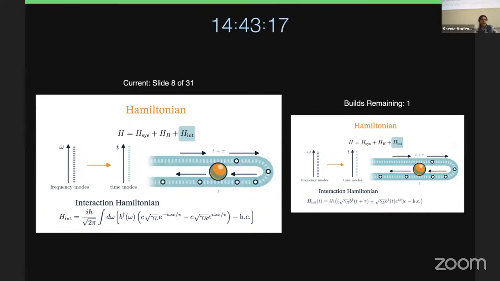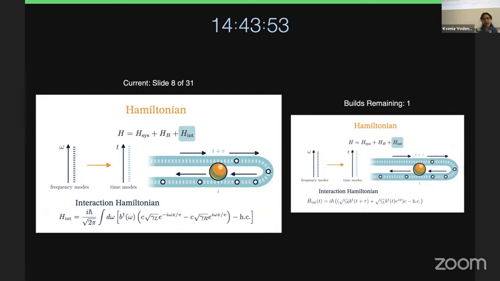Let's look at the picture of our waveguide. It's a little bit adjusted. We essentially have, again, our left and right propagating modes. And now we divide our waveguide into these time modes. That is, as time propagates, the time modes move according to the arrows depicted here. And the time labeling basically just tells you after which time this specific mode will interact with the atom.